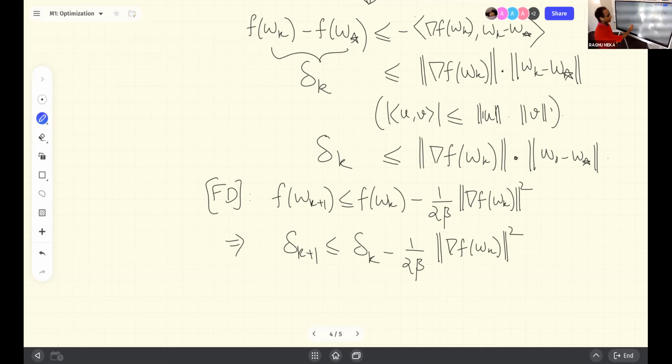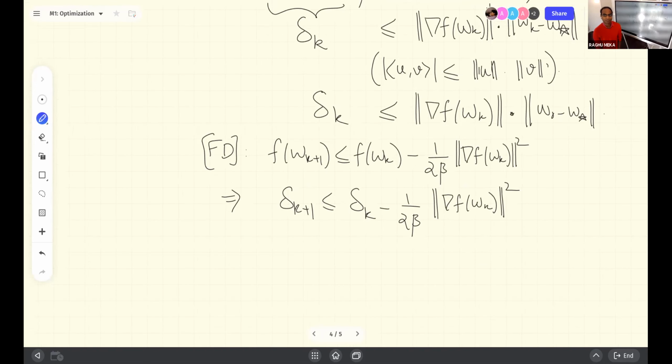Okay, because I can subtract f of w star on both sides, and it's saying your distance to the optimum is actually decreasing by somewhat. But how much is it decreasing? I can bound it in terms of itself, right?